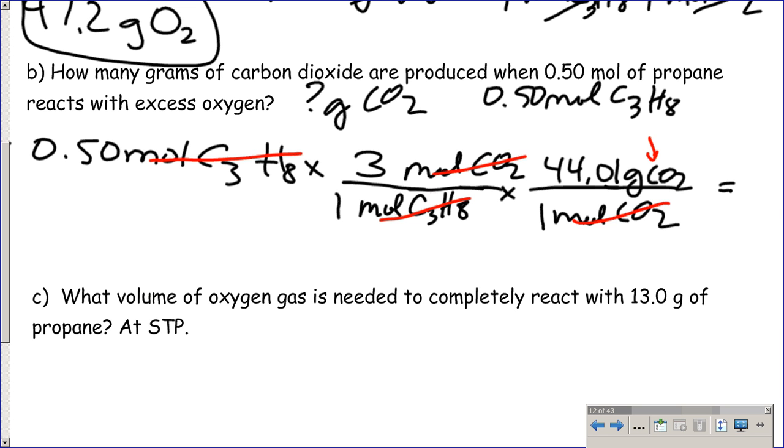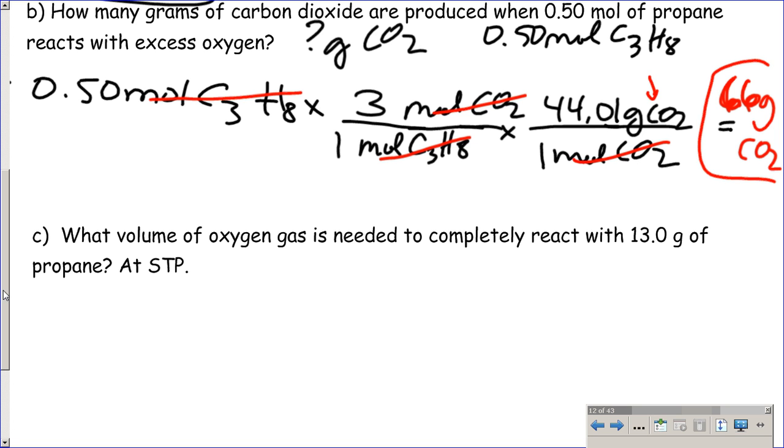The only thing left is grams of carbon dioxide, which is great because we want that anyway. So that gives us 66 grams of CO2. Alright, so a lot of conversions here.